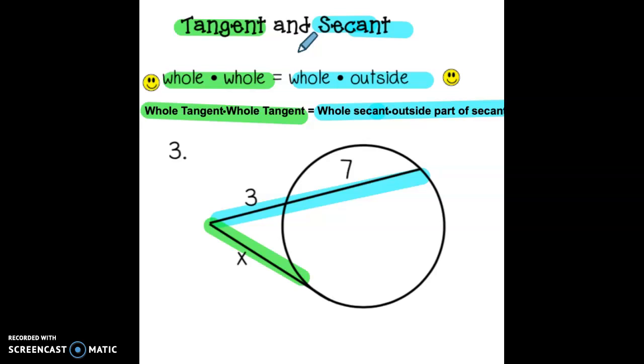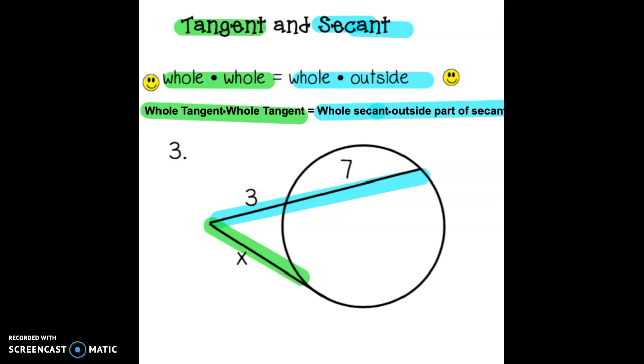So how you're going to solve for a missing measure when you have a tangent and a secant, let's look at this. We're going to say it's the whole tangent times the whole tangent. So that's going to be the left side of our equal sign. Whole tangent times whole tangent equals, then on the right hand side of that equal sign, you're going to have the whole secant times the outside part of the secant.